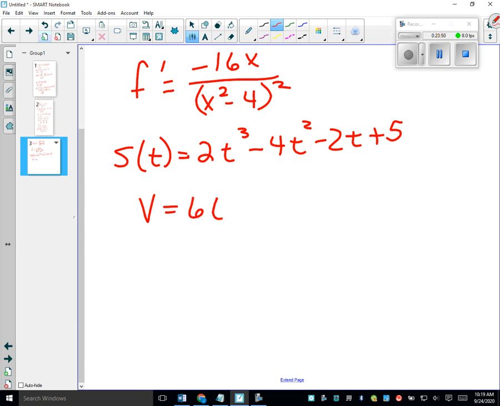Velocity. 12t squared minus 2. Right? When is that 0? Oh, I probably should give you an interval. Not squared. Oh, not squared.